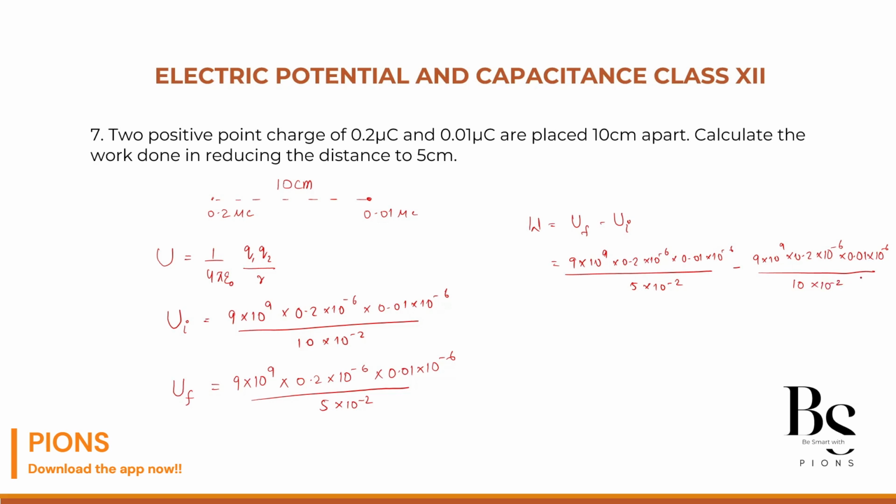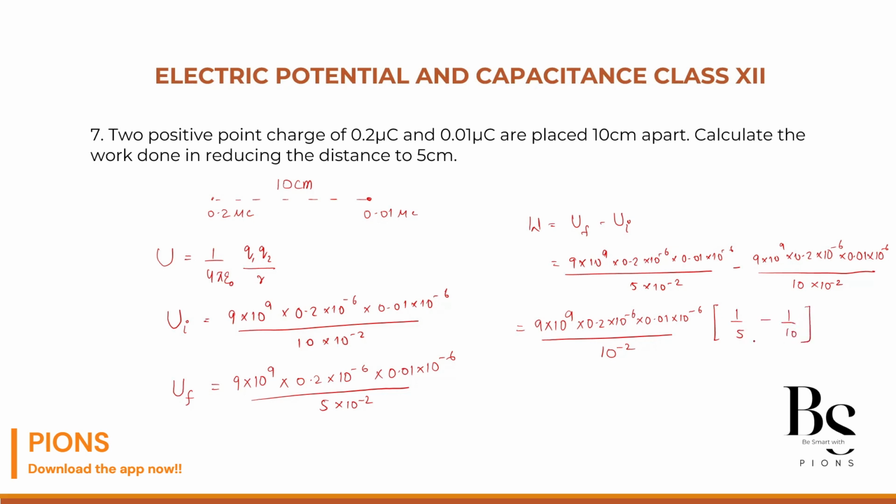Now you can see that the numerators are common, so let's take them common out. 9 into 10 to the power 9, 0.2 into 10 to the power minus 6, 0.01 into 10 to the power minus 6, and the 10 to the power minus 2 in the denominator is common. Here you are left with 1 by 5 minus 1 by 10.